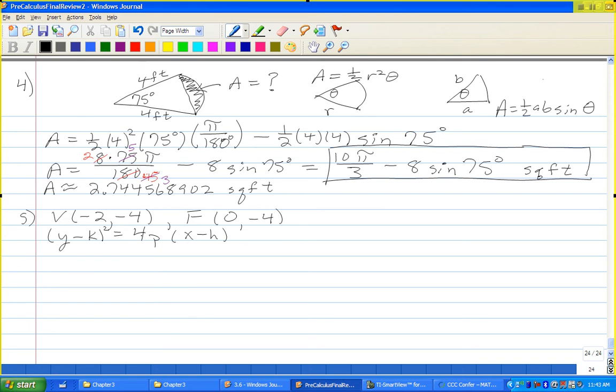Okay. And so I have that y minus a -4 squared is equal to 4 times p.